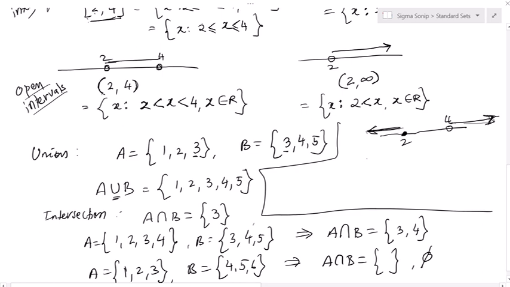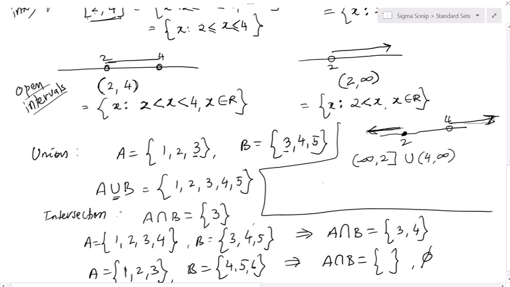So in interval notation, I've got a solid bracket there. Basically it is minus infinity to 2 with a solid bracket, because the 2 is included on this side. Intersection, that's 4 to infinity, with these smaller brackets on both sides, because neither 4 nor infinity is included. And if you want to do that using set builder notation, let's give it a go.